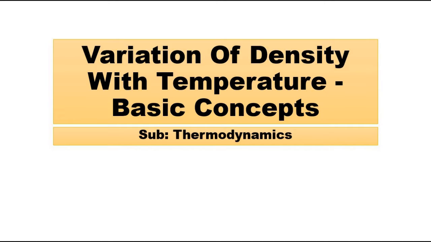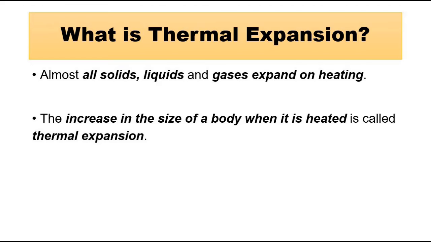So we'll continue our discussion on thermodynamics, and in this video we are going to discuss the concept of variation of density with temperature. In a way it is related to thermal expansion, particularly the volumetric expansion. We have already discussed thermal expansion, which is basically the increase in size of matter, solid, liquid, or gas, when it is heated.